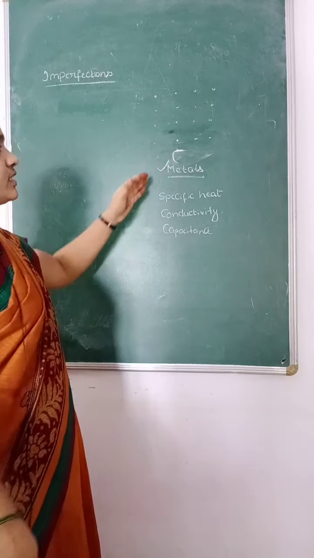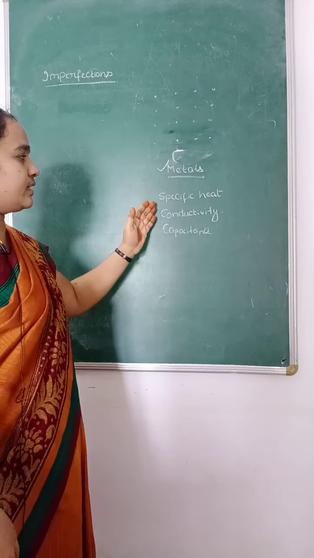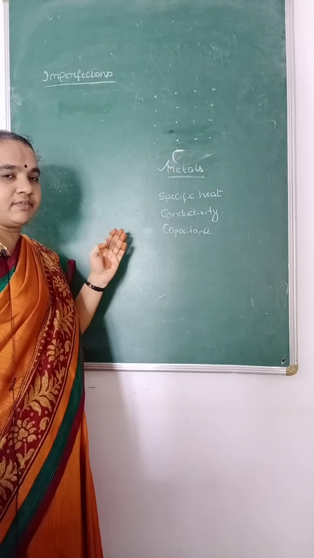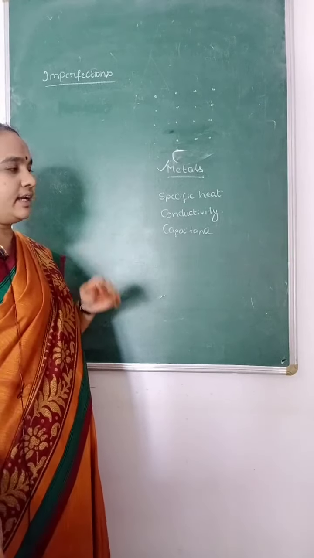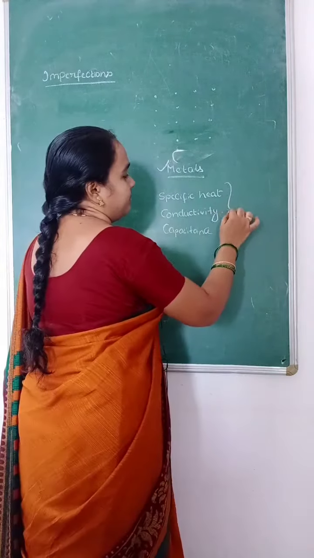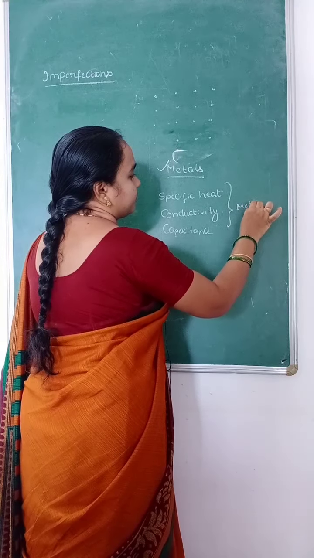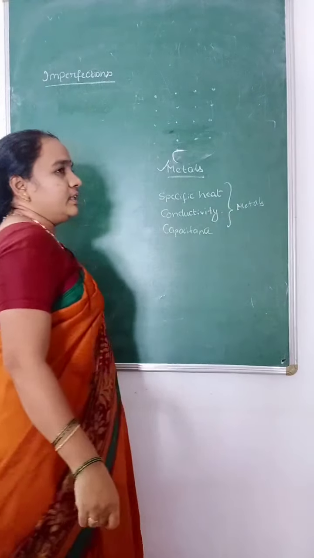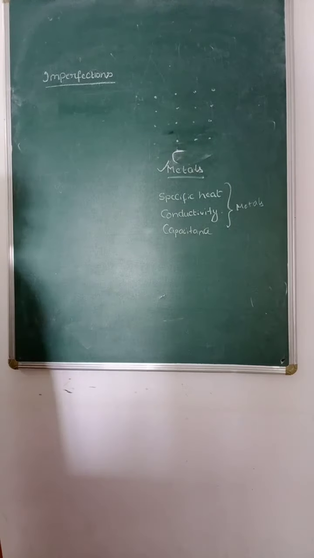These imperfections will affect the basic phenomena such as specific heat, conductivity and capacity of the metals. These are called lattice imperfections.